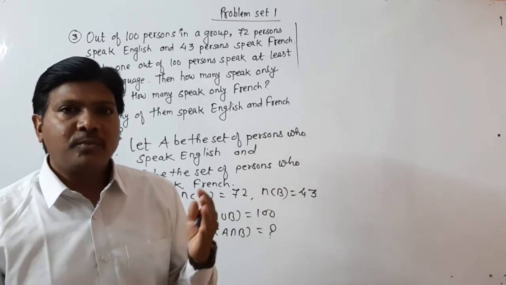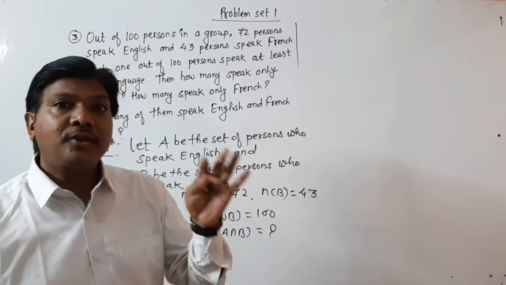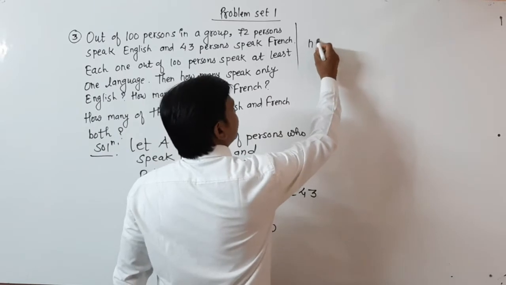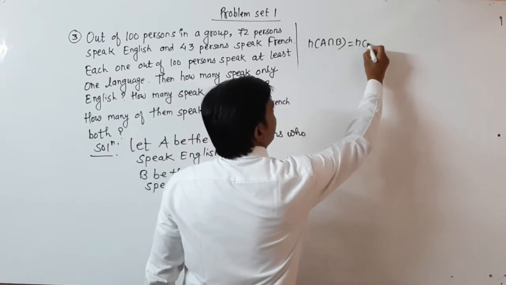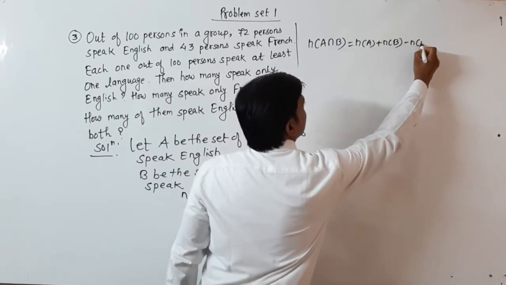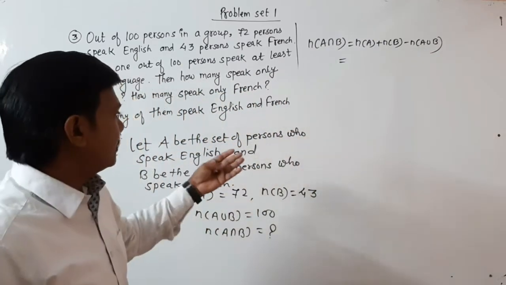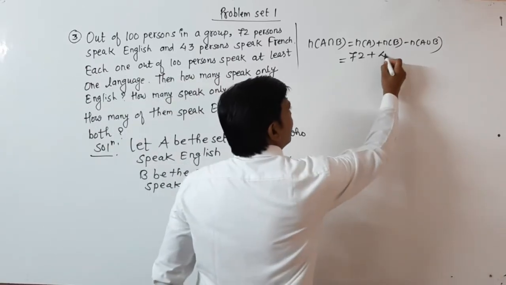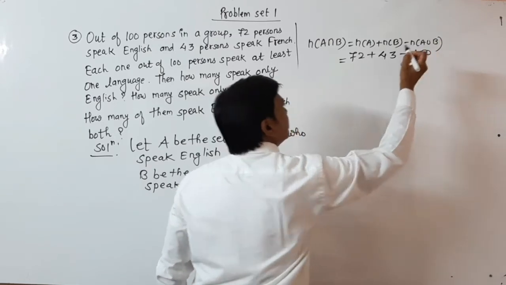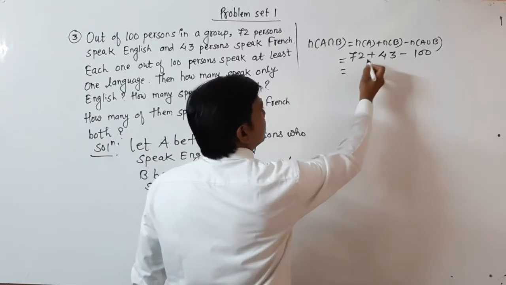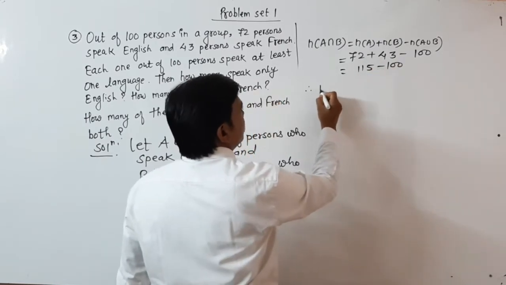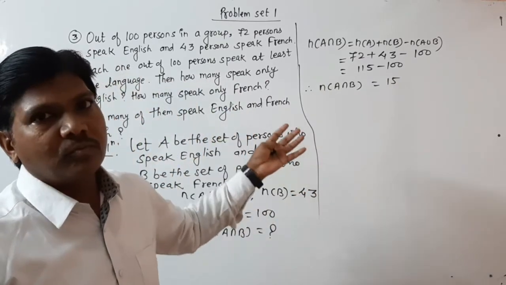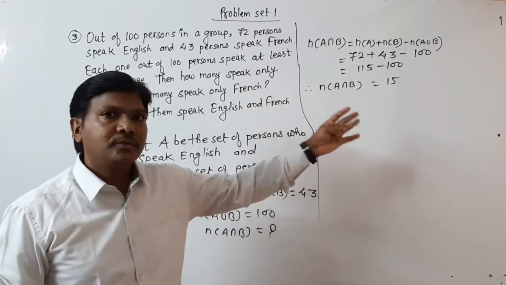The number of elements in A intersection B is to be found, so the formula is: number of elements in A intersection B equals NA plus NB minus N of A union B. Put in all the given values: 72 plus 43 minus 100. The sum is 115 minus 100, so the number of elements in A intersection B is 15. This means 15 persons know both languages, or speak English as well as French.